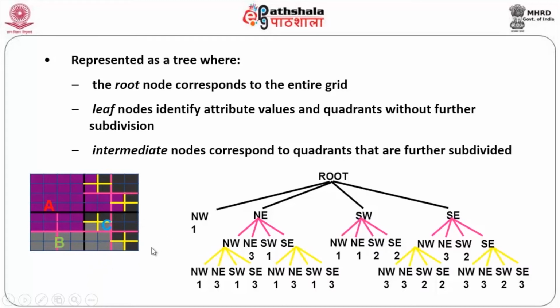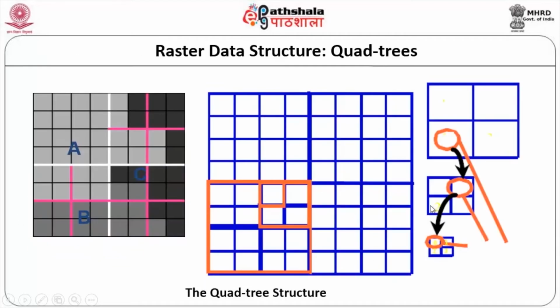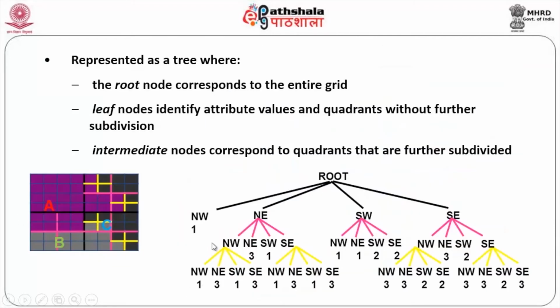They have mentioned that it identifies the attribute values and the quadrants which have to be further divided or subdivided. The intermediate nodes correspond to quadrants that are further subdivided time and again. Without any further subdivision, a part can be done, as we have seen in the previous case also. Here you can see this does not require any subdivision, but this requires subdivision.